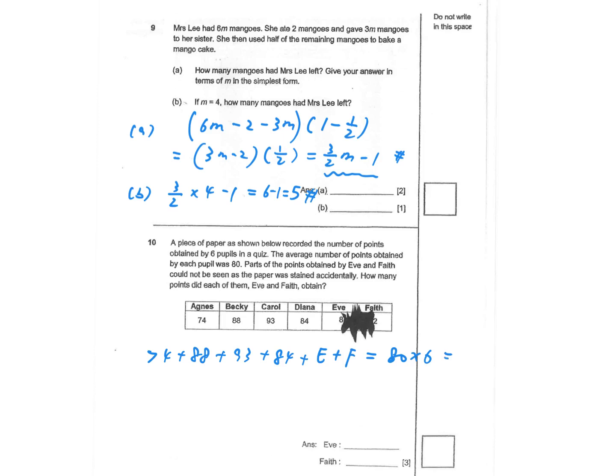So we have 6 pupils. The total score is going to be 480 points. With that, we should be able to figure out the sum of E and F.